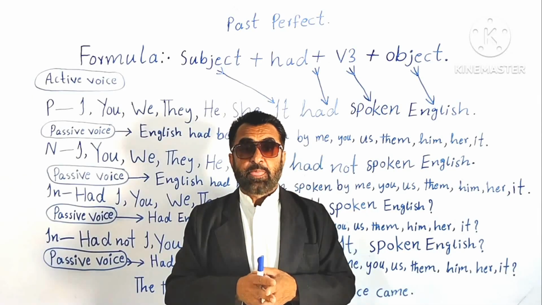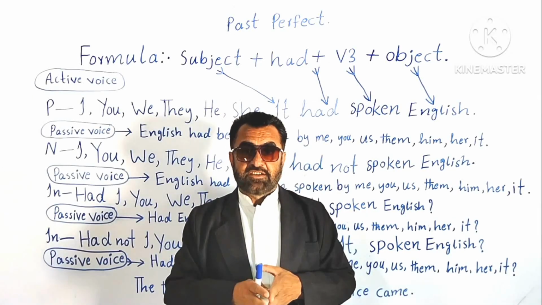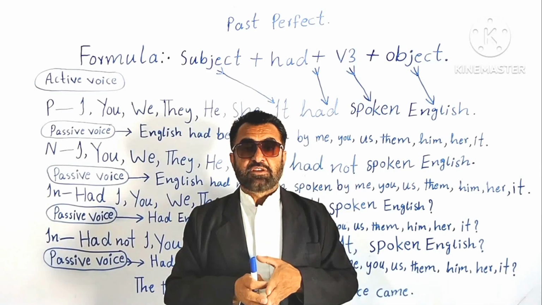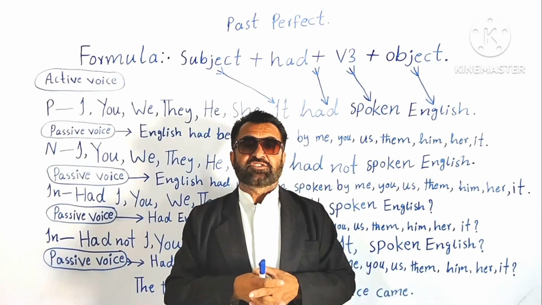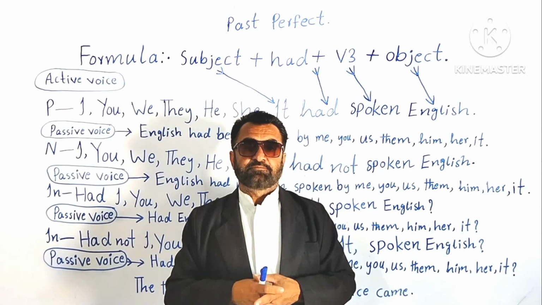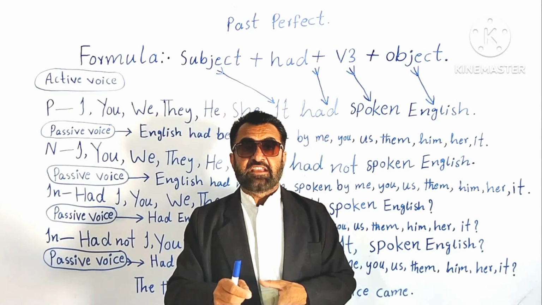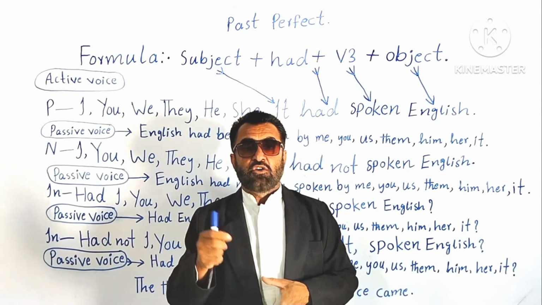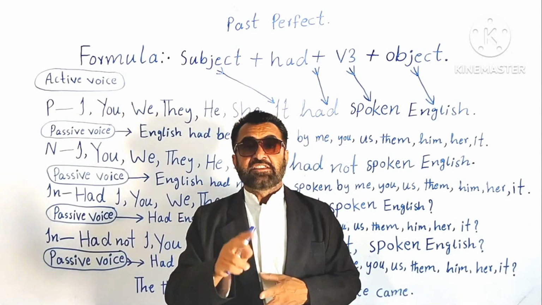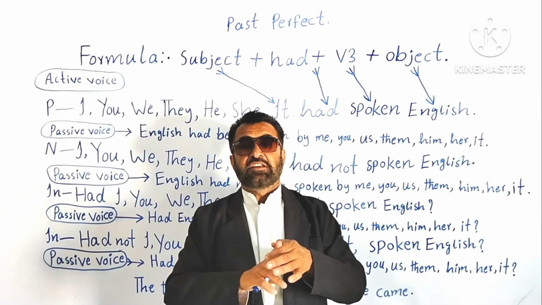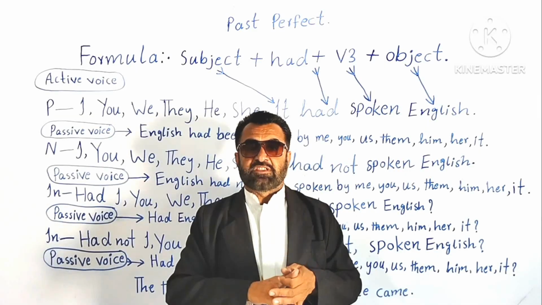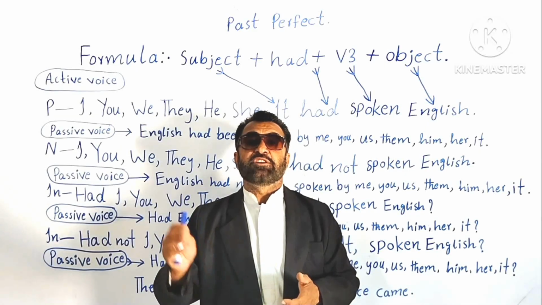Once again, plural subjects take plural verbs and singular subjects take singular verbs. Like I, you, we, they, these are called first or second person. These are called plural subjects. They take plural verbs with them, like go, come, read, write.